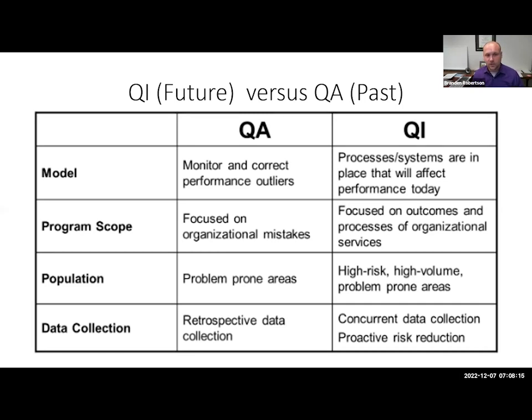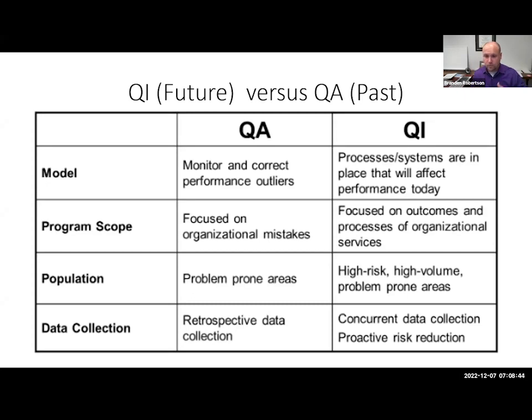Quality assurance is monitoring and looking for problems, focusing on mistakes, on where the problems exist and how you go fix that problem. And you're looking at problem prone areas. So in the automobile industry, you know that if one piece of the assembly line generally produces a bad part, you monitor the quality of the product there. And again, it's retrospective. That's not where we want to be in healthcare.